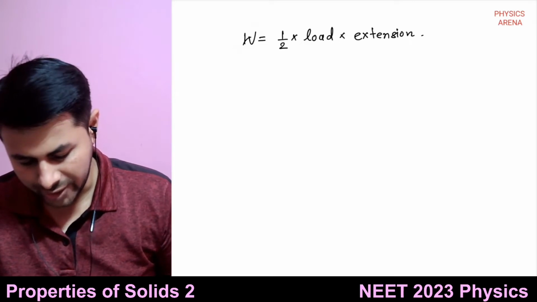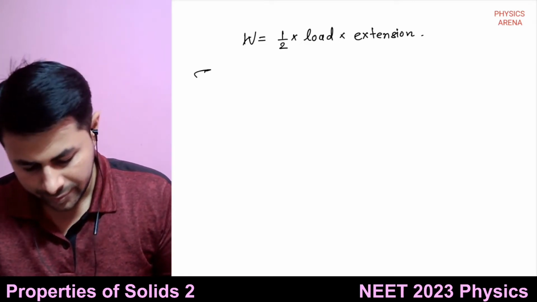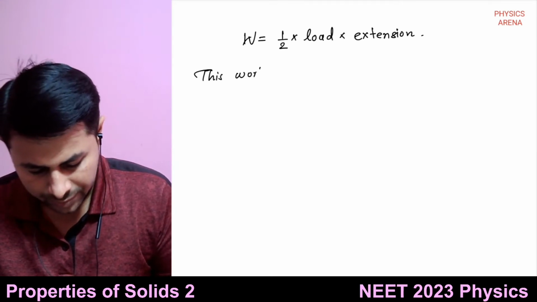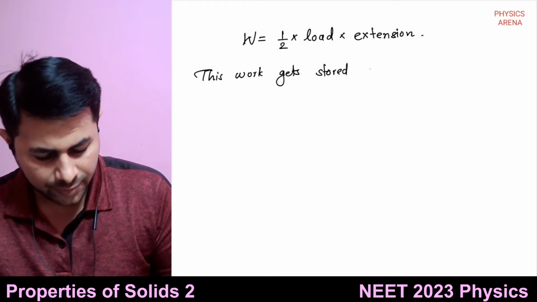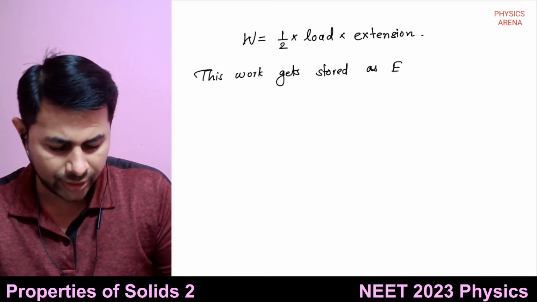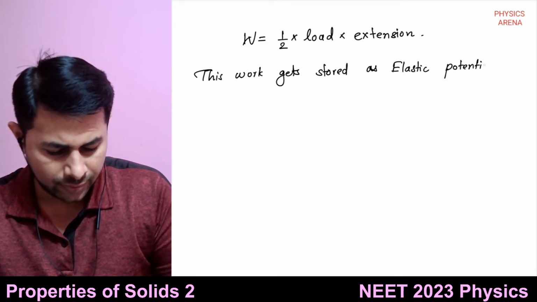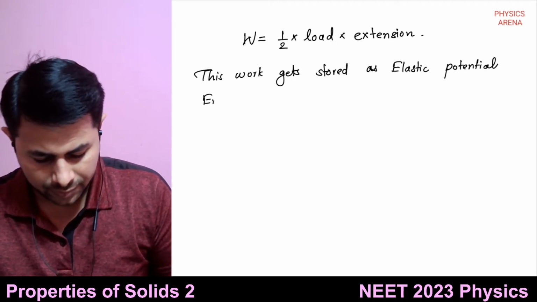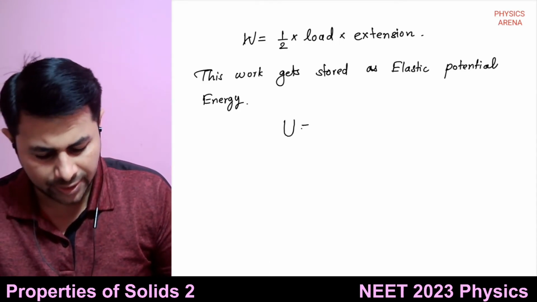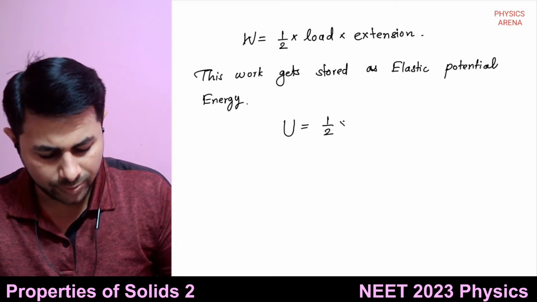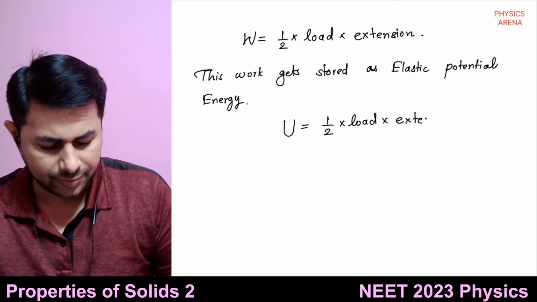Okay, so this work done gets stored as the elastic potential energy of the wire. So elastic potential energy can be written as U equals to half of load multiplied by extension.